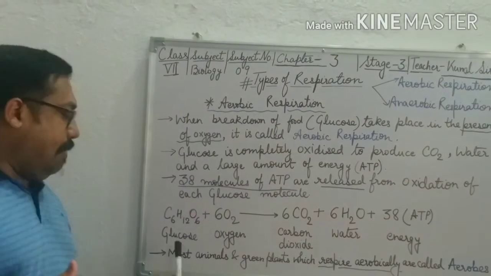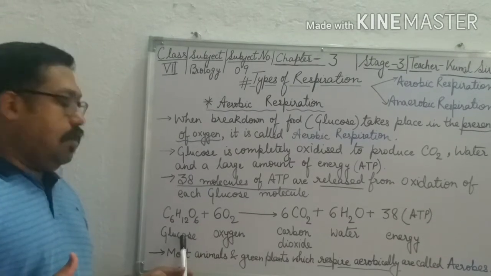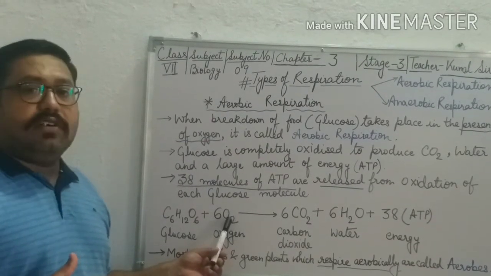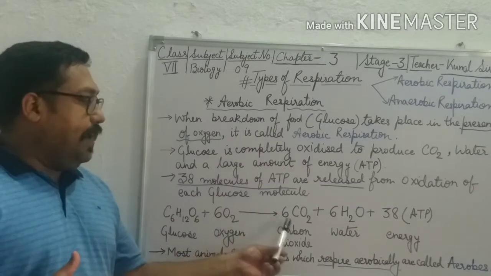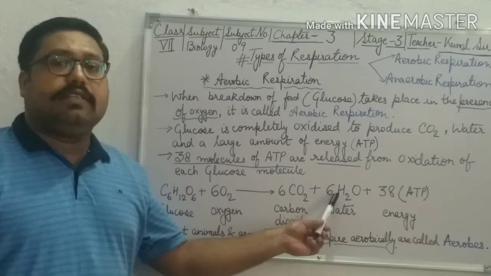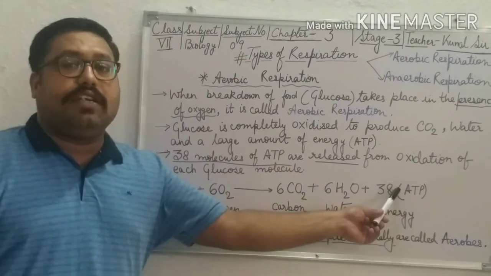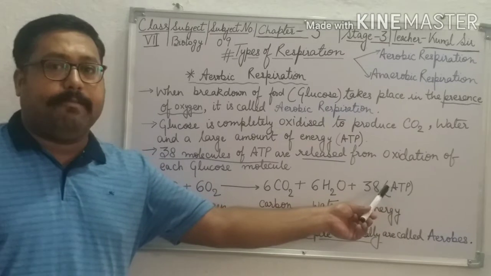Again, I am repeating the equation: C6H12O6 plus 6O2 gives 6CO2 and 6H2O and energy, which is 38 molecules of ATP.